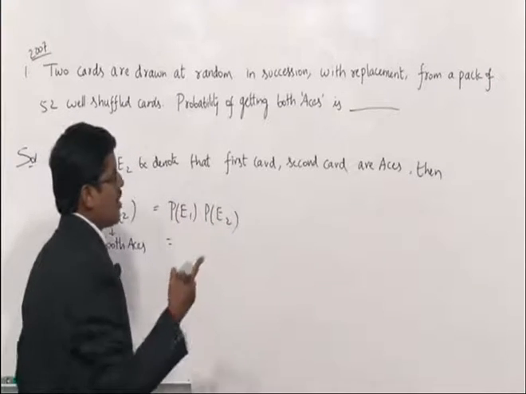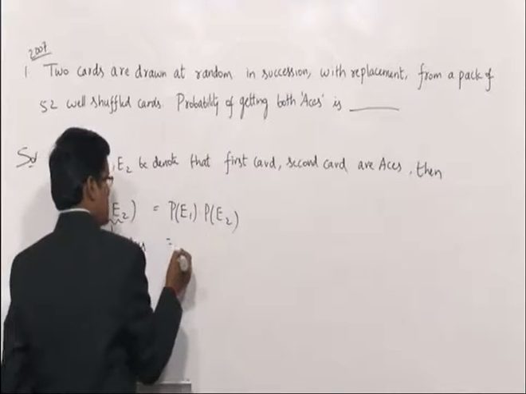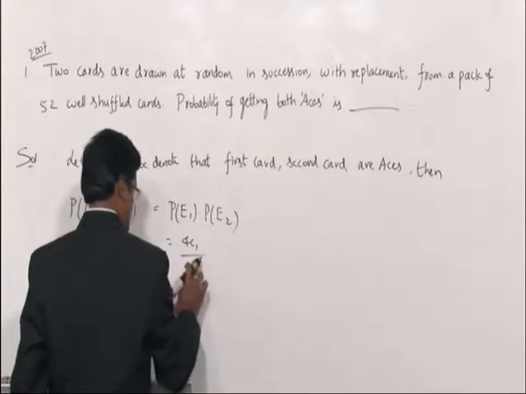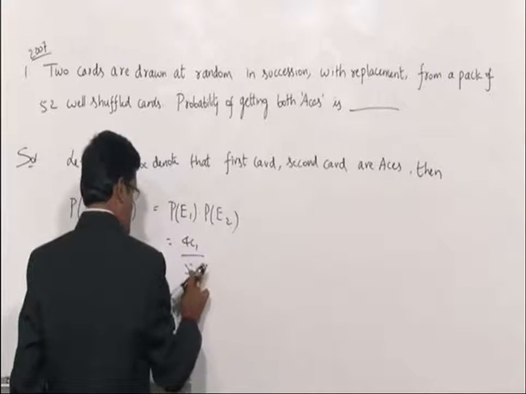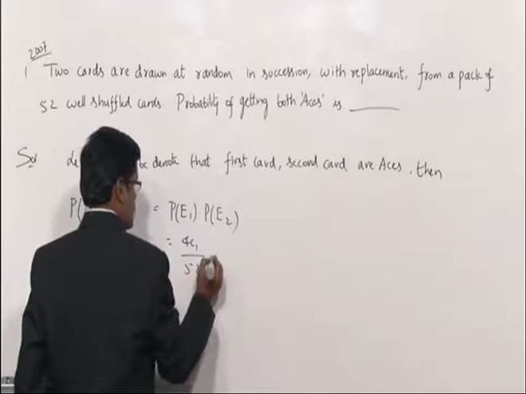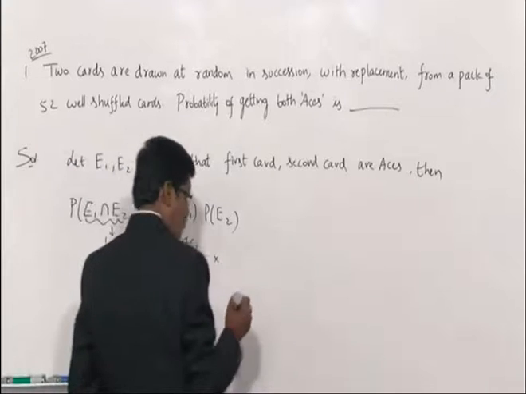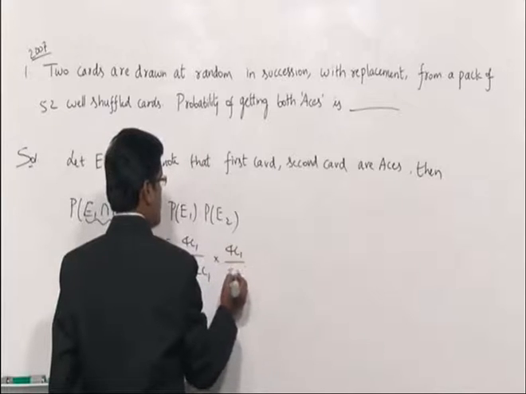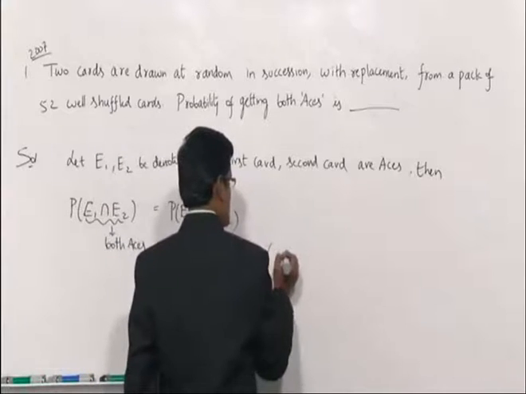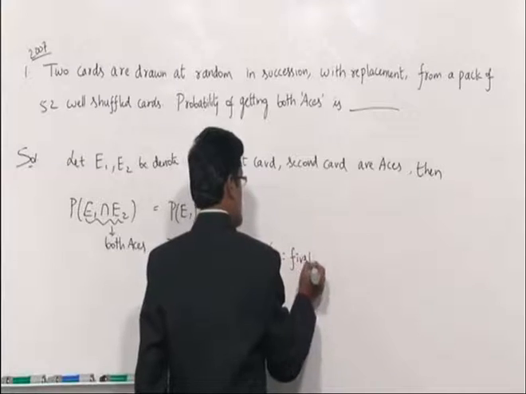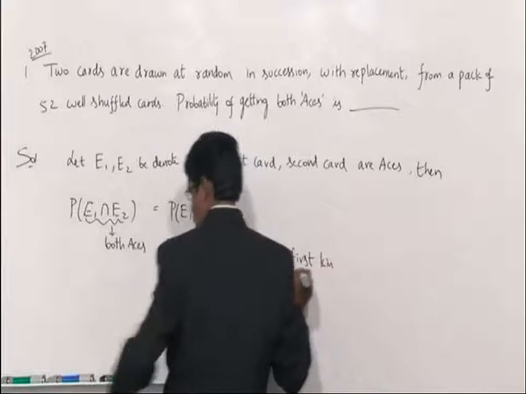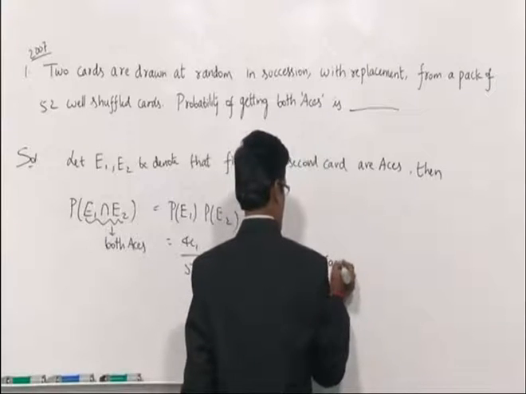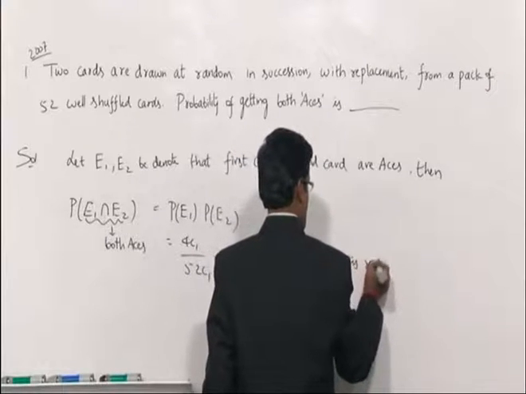So the probability of the first card being an ace is 4C1 by 52C1. Because it is replaced again in the pack, the total cards is again 52 and 4 ace cards. So the second card to be an ace is again 4C1 by 52C1, since the first ace card is replaced.